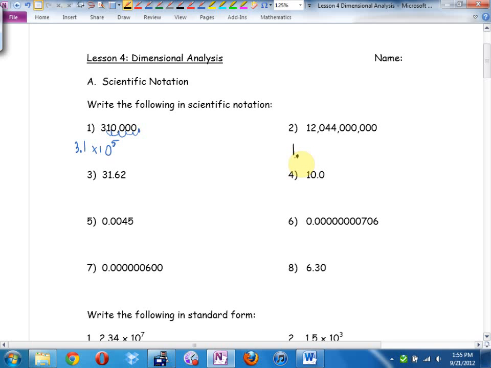I write down any significant digits after that, a 2, a 0, a 4, a 4. The decimal point was originally here. I moved it here. How many places? 1, 2, 3, 4, 5, 6, 7, 8, 9, 10. Times 10 to the 10th.